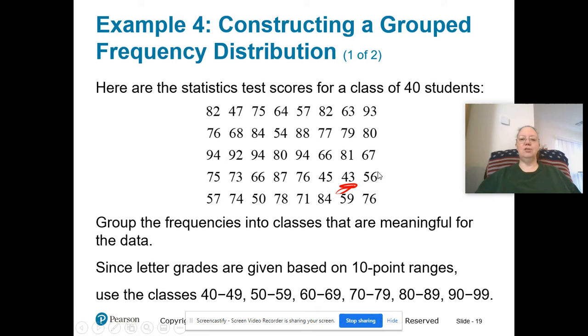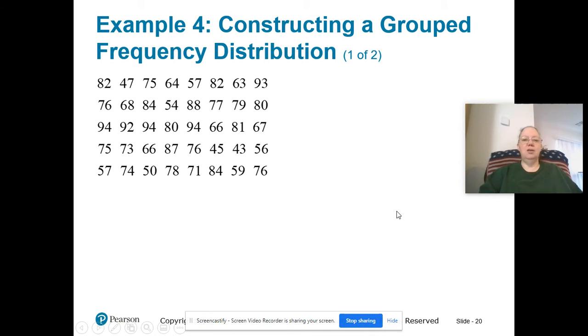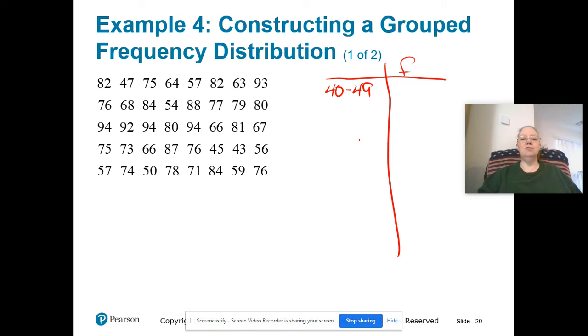So now when we do our frequency distribution, we are going to use 40 to 49, and we are going to count up how many are between 40 and 49. So we've got 1, 2, 3.